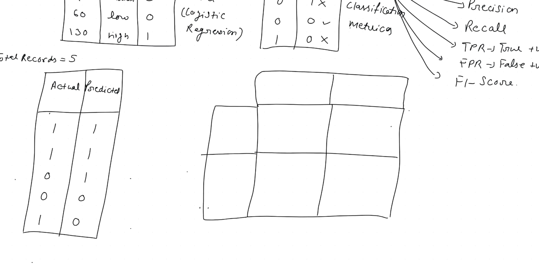On the x-axis, just name it actual values. And this is on the y-axis. This is predicted. And this is actual.